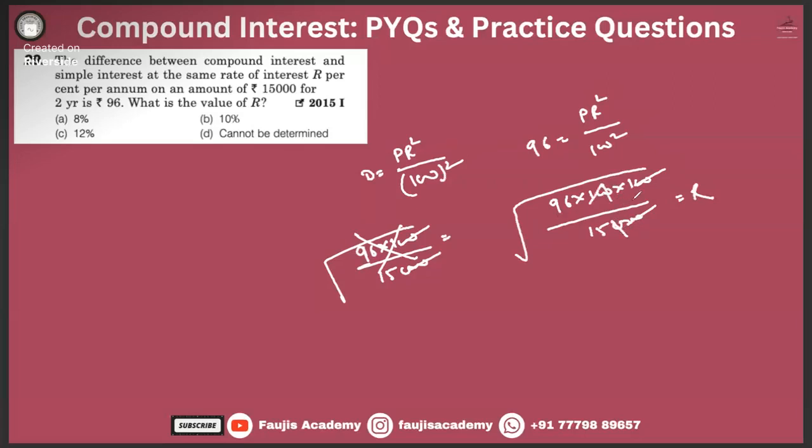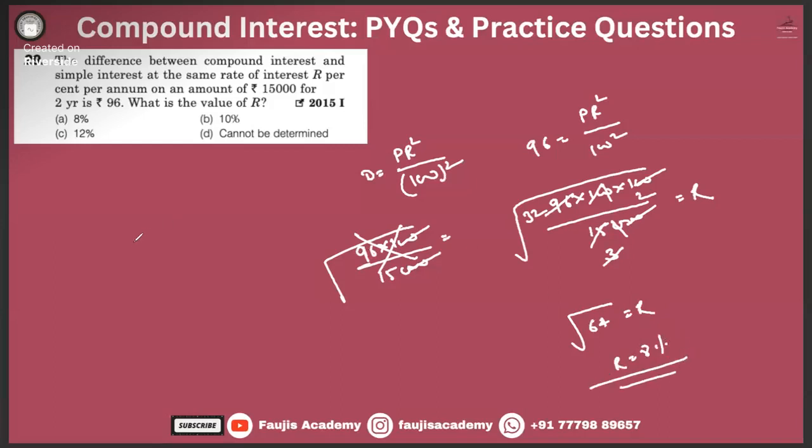This goes by 2 times and this one goes by 3 times. And this one goes by 32 times. Root under 64 is equal to R, which gives R is equal to 8%.